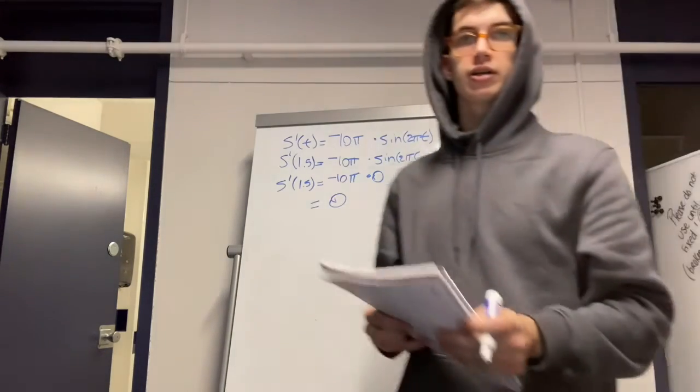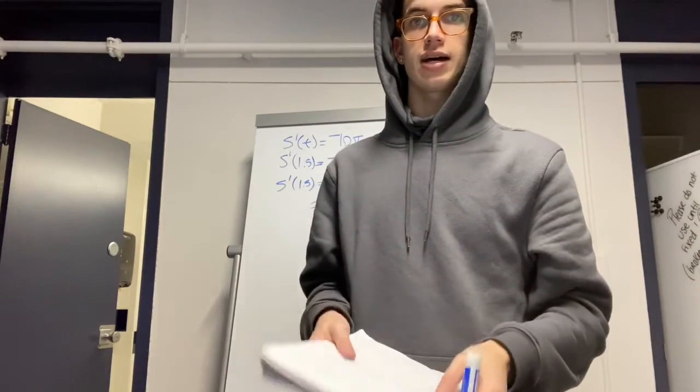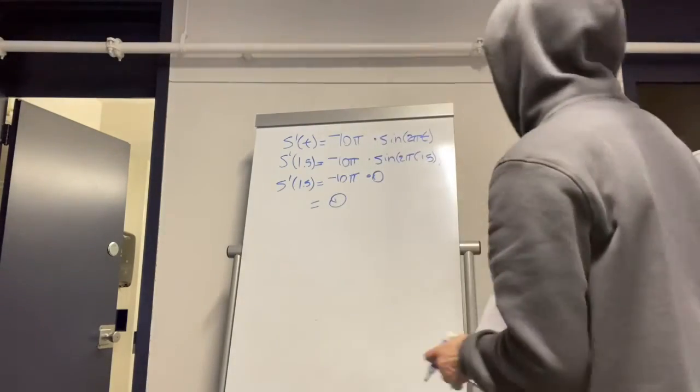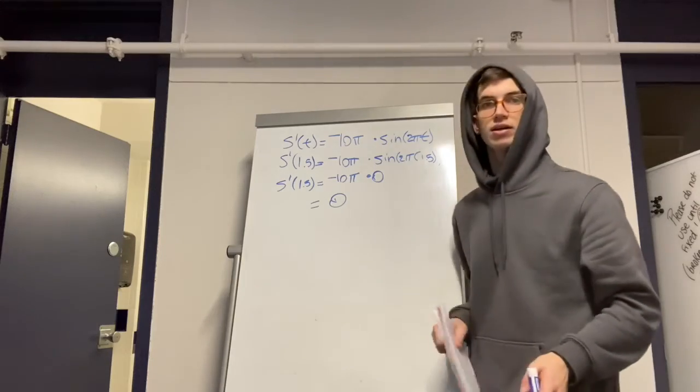So for how fast the object is moving at 1.5 seconds, it has a velocity of 0.